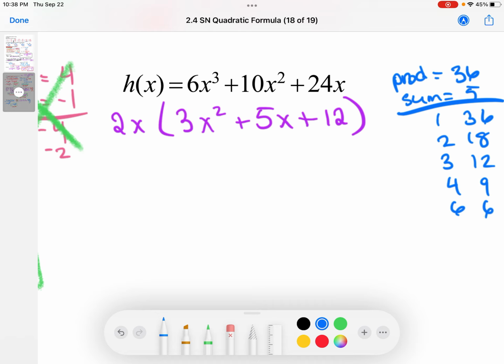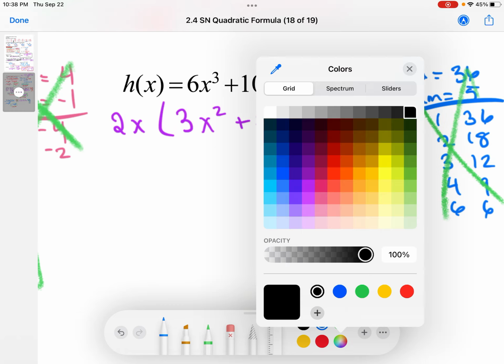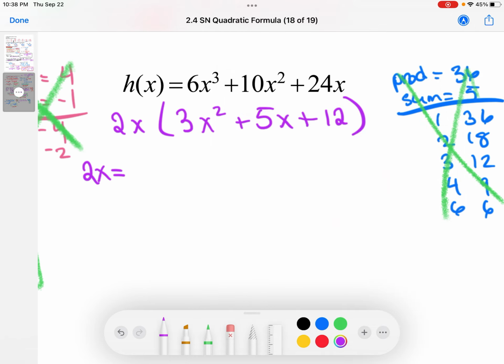None of those add up to a positive 5 and multiply to a positive 36. 4 and 9 look good, but to multiply to be a positive 36 and add up to be a positive 5, all the terms would have to be positive. So no luck factoring. Okay, this is when we go to the quadratic formula.